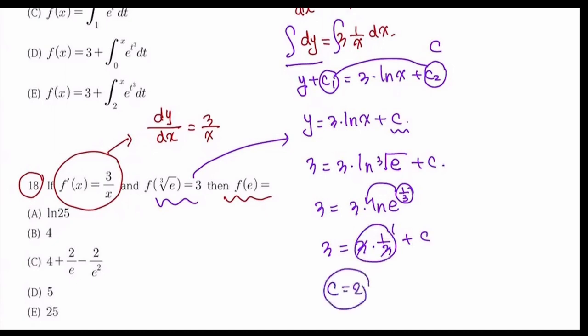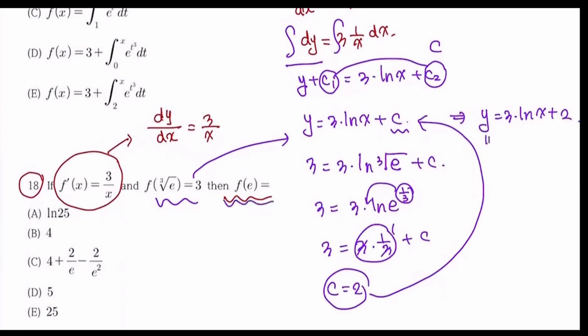Plug this value into the equation: y equals 3 times ln x plus 2. This is my purpose: f(x) equals 3 times ln x plus 2. So f(e) equals 3 times ln e plus 2, so f(e) equals 5. So the answer is D.